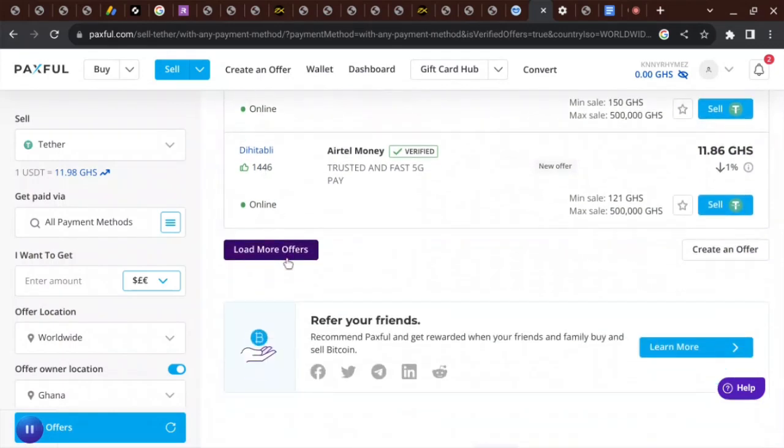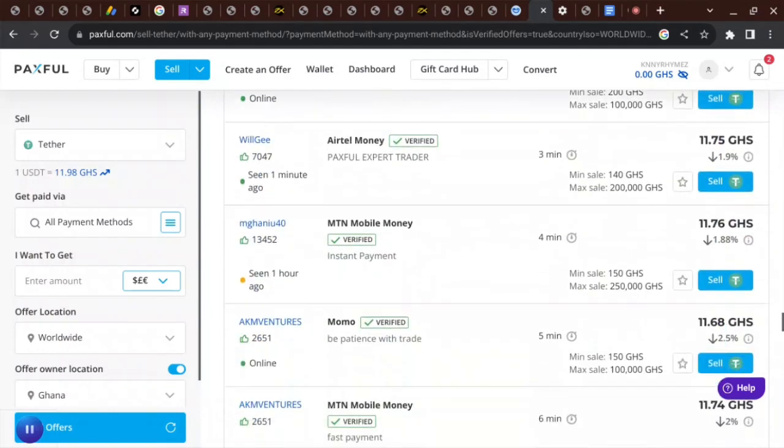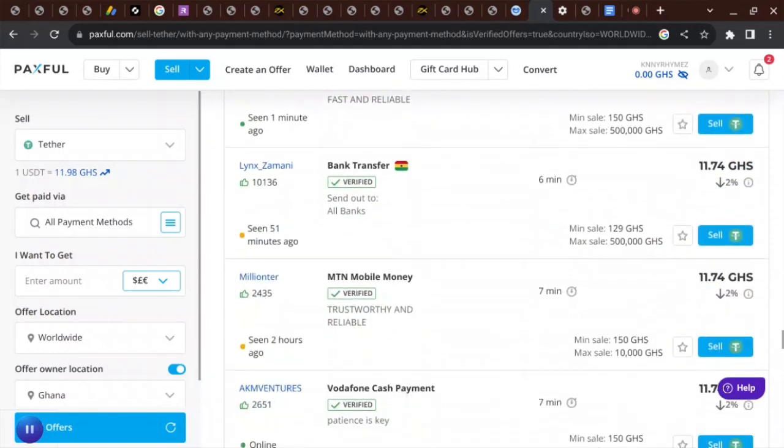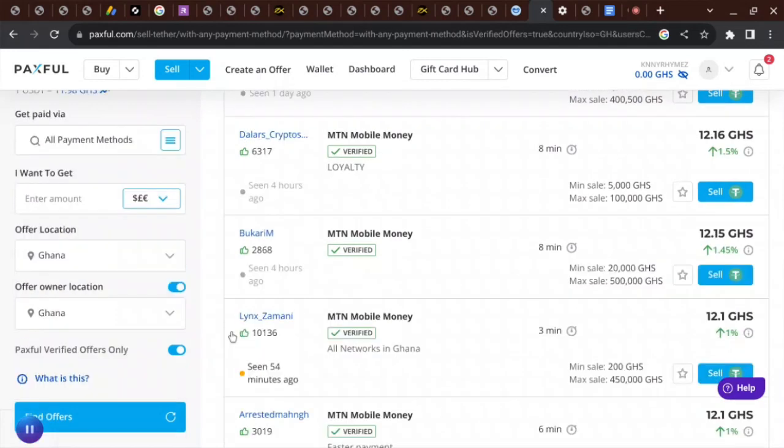So if you want to sell it, you have to sell it for more than that. So let me switch it to trusted offers only.